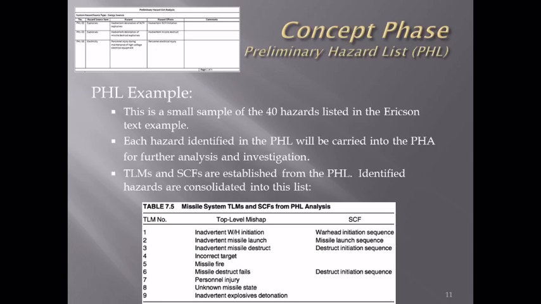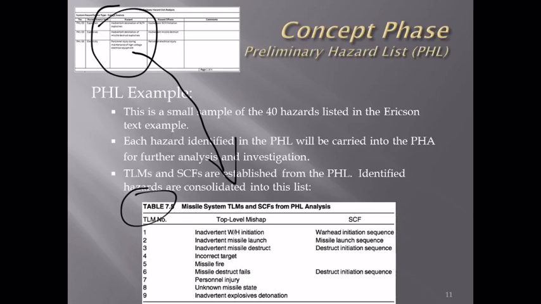In the in-depth example given in your text, it ends with table 7.5, and it identifies top-level mishaps and safety critical functions. So that's the output of the preliminary hazard list. The hazards that were identified in the preliminary hazard list are condensed and boiled down into top-level mishaps and safety critical functions.